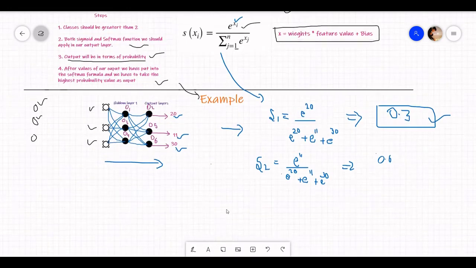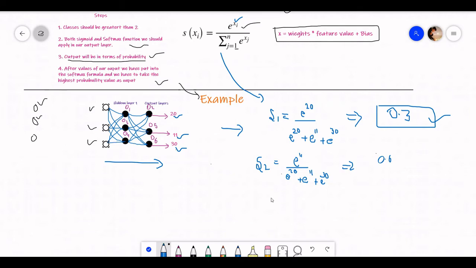And similarly we have to calculate S3, e to the power 30 upon e to the power 20 plus e to the power 11 plus e to the power 30.